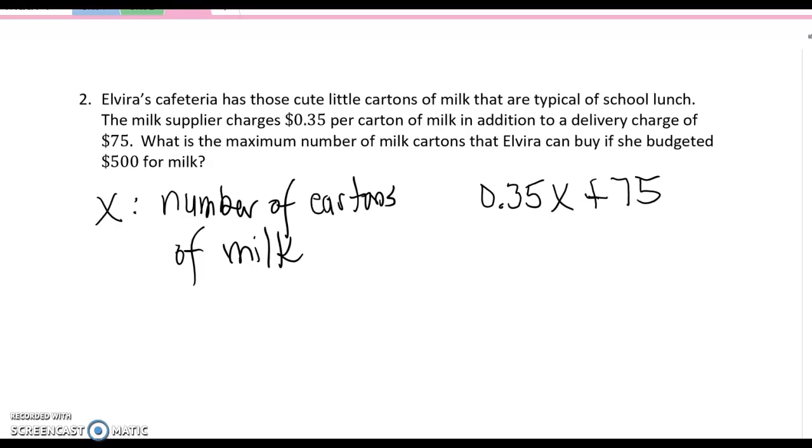This expression we have written right here represents what Elvira is going to spend for milk. It's 35 cents times the number of cartons of milk plus the $75 delivery charge. And as we said earlier, we need what she's going to spend to be less than or equal to her $500 budget. There's our inequality for this word problem.